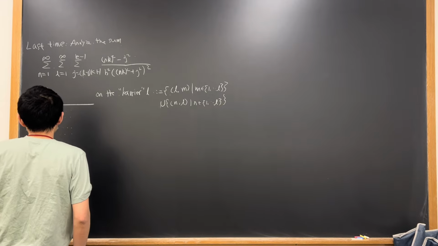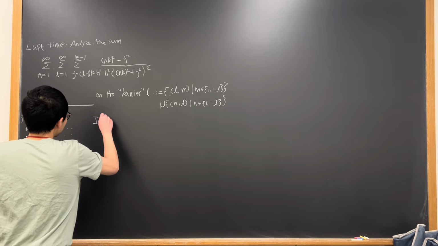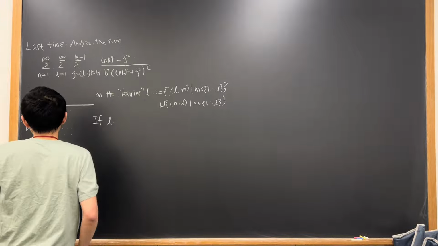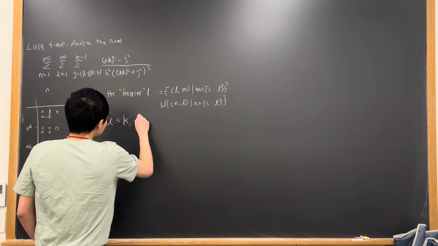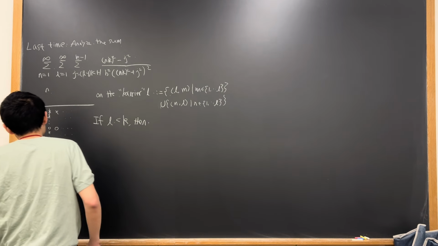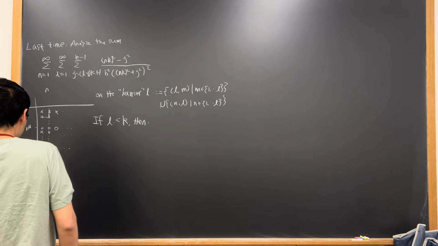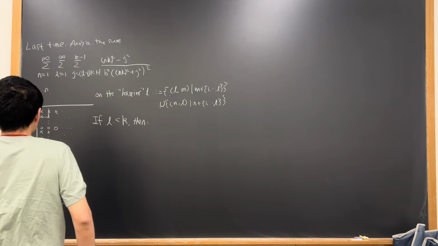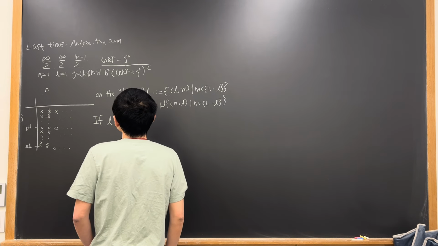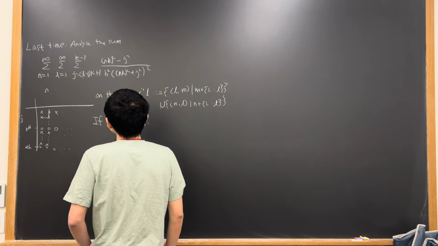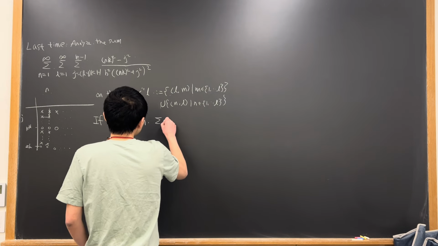Let me think. If, let's say, L is less than K, then everything should be summed in this scenario. So then let's use the letter L to sum over.